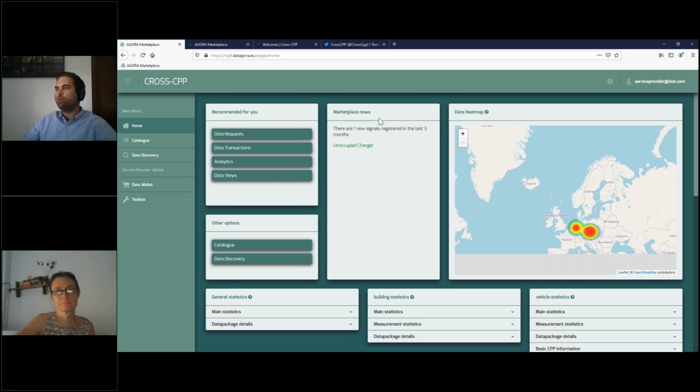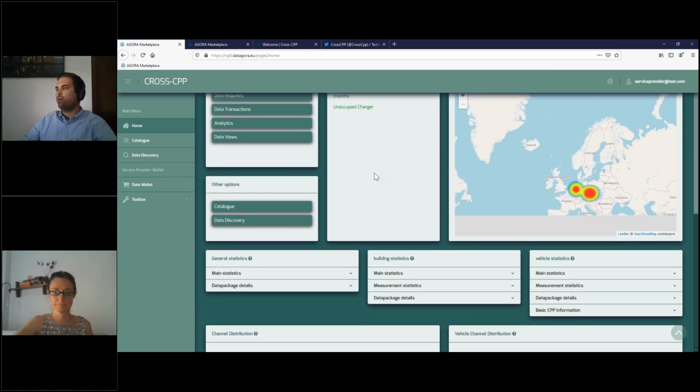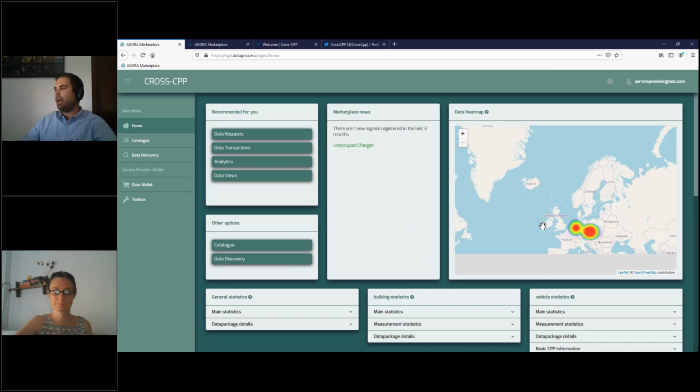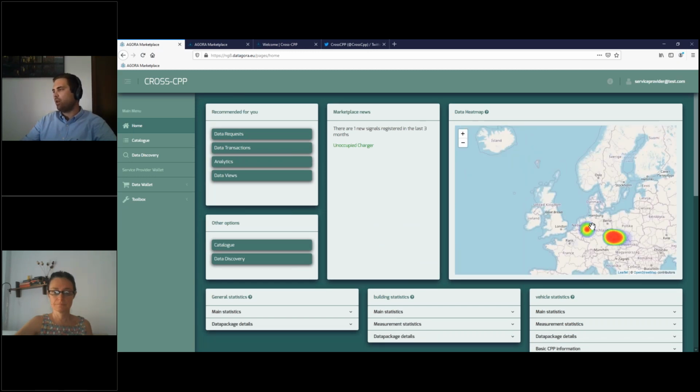Then we have the marketplace news, where we update all the information if we have changed the catalog, added a new signal, if there is any offer, or if a new data owner has accepted our offer. Then we can see a preview of which information is available.